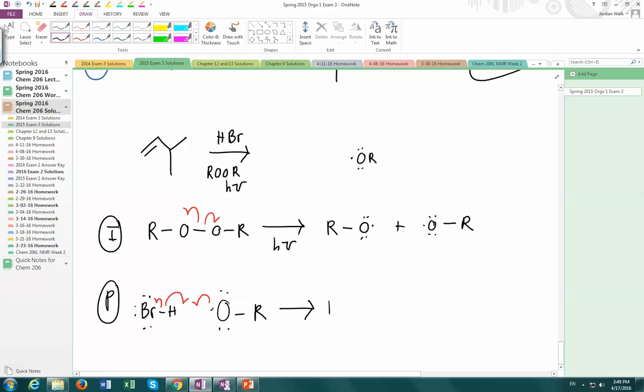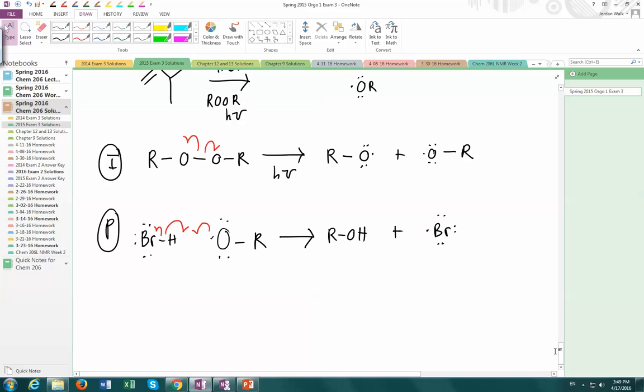And so what we end up with is just an alcohol, which is kind of boring, but then we also have a bromine radical. Okay. So from there, what we're going to do is take our starting material, which can react with a bromine radical.